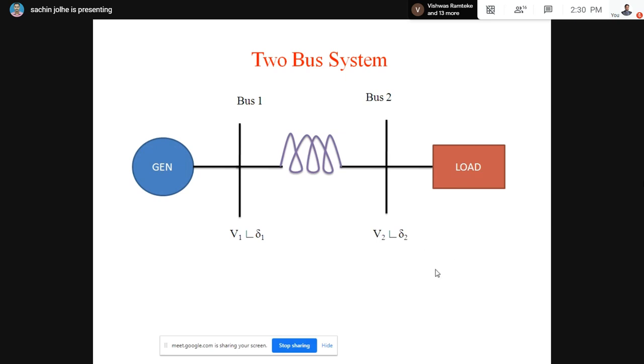It is in the complex form, and here there is no resistance, so only the value of the reactance will be there, and as it is the reactance, the value is similar to its impedance. So this is the impedance of the line. We have to take this into consideration here.